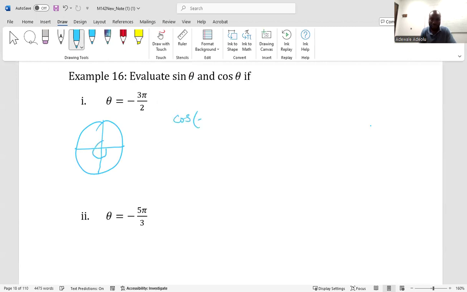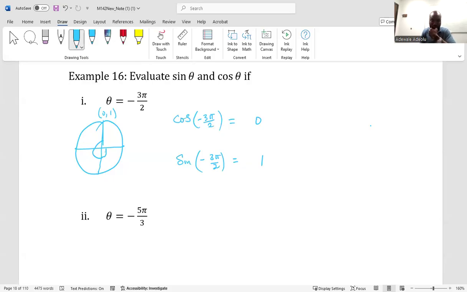Cosine of negative 3 pi over 2 and sine of negative 3 pi over 2: remember that here we have 0, comma 1. So for cosine, 0. For sine, 1. In this place, y is positive. It is what it is.